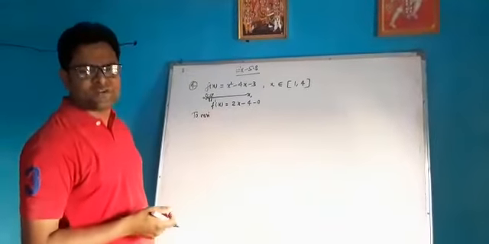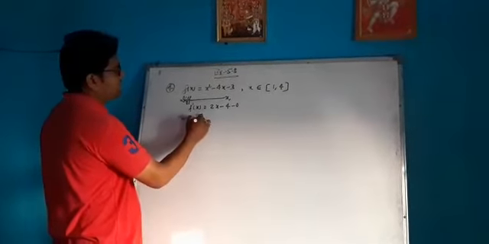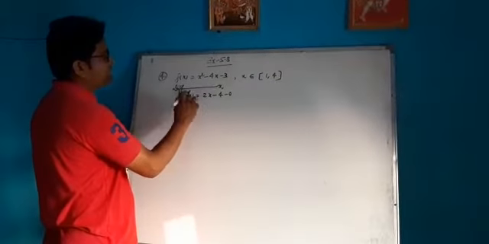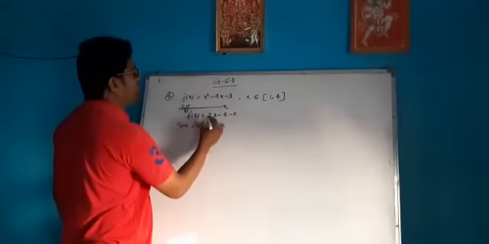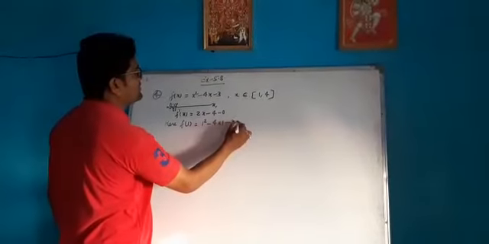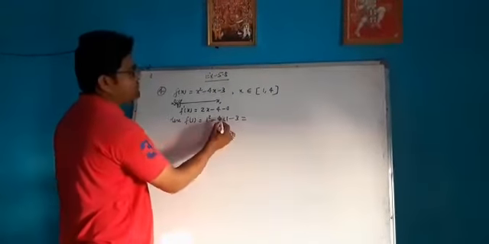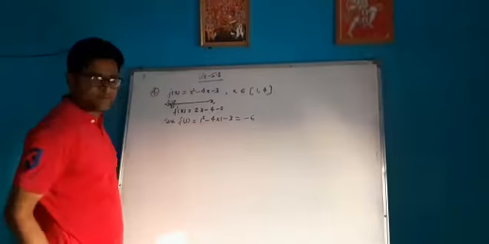So let us find out first. f of 1, I am writing f of 1, not f dash 1. f of 1 is equal to 1 square minus 4 into 1 minus 3, that is minus 6.